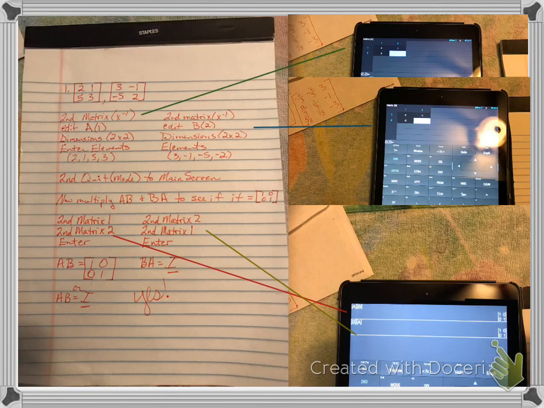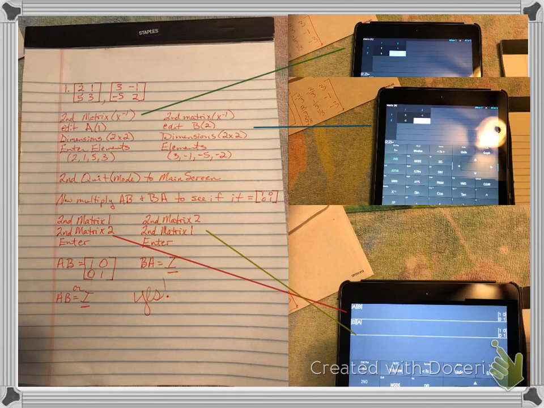So the first one was a 2x2 times a 2x2 to see if they were inverses. We went second, matrix, edit 1, and then put in the dimensions 2x2 and then entered our elements 2, 1, 5, 3, and that put in our first matrix up there on the top.